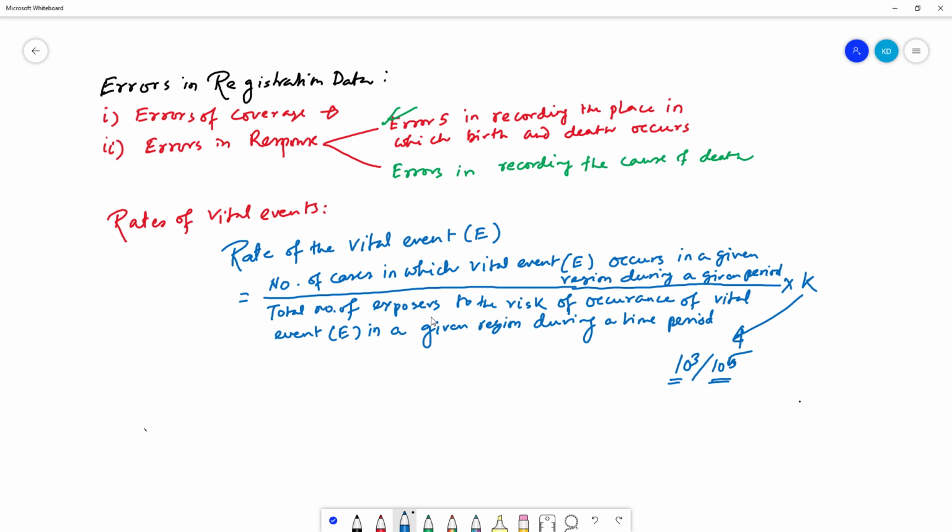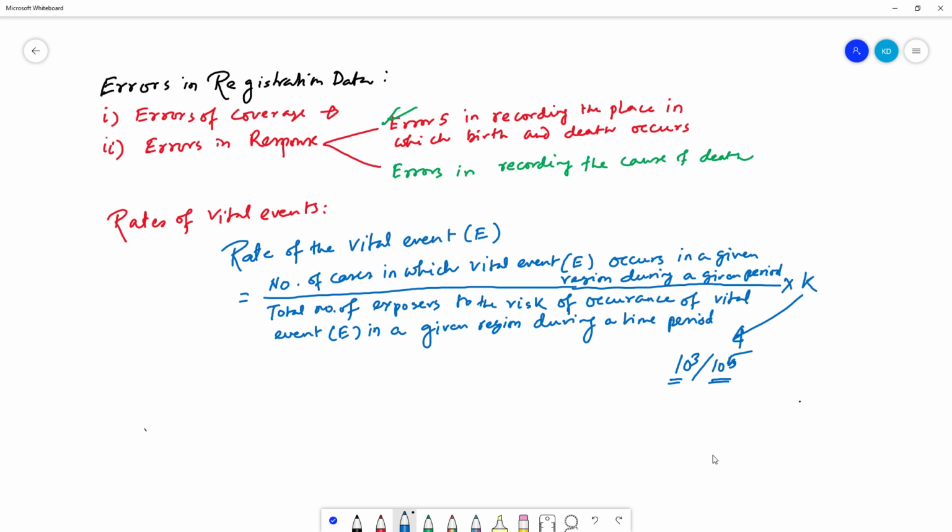So for ease of understanding, the fraction is generally multiplied by this constant, either 10 to the power 3, that is 1,000, or 10 to the power 5, that is 1 lakh.